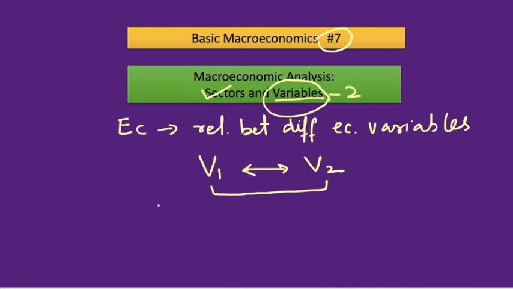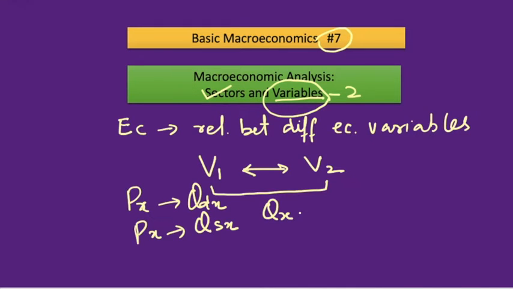Let's take some examples. If you have studied microeconomics, you studied the relationship between the price of a commodity, price of X, and the quantity demanded of X, or price of X and quantity supplied of X, or the output of X and the costs of X, and so on.